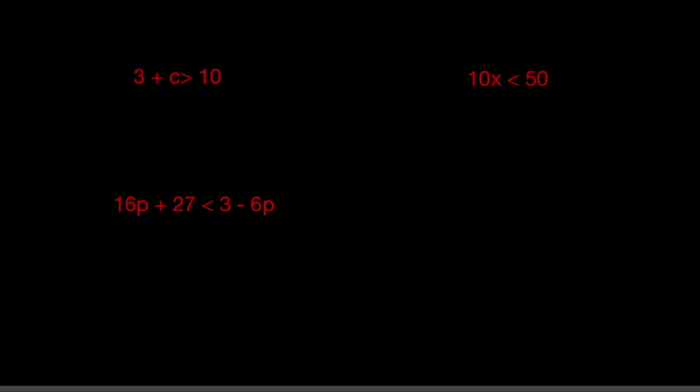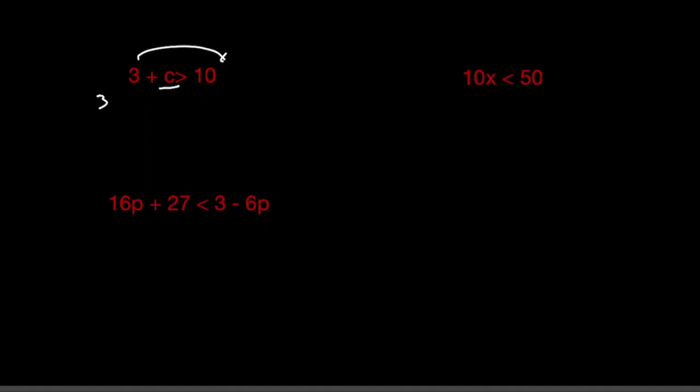Since c is the only variable, we're going to keep that there, and move the 3 over to the other side by subtracting 3 from each side. So we get 3 plus c minus 3 is greater than 10 minus 3. Simplifying that, we get c is greater than 7, and that would be our answer.